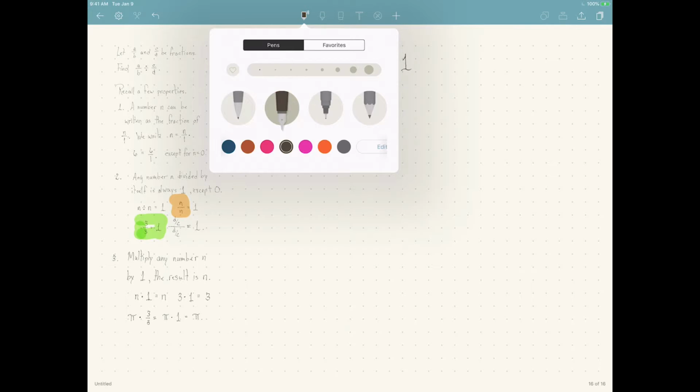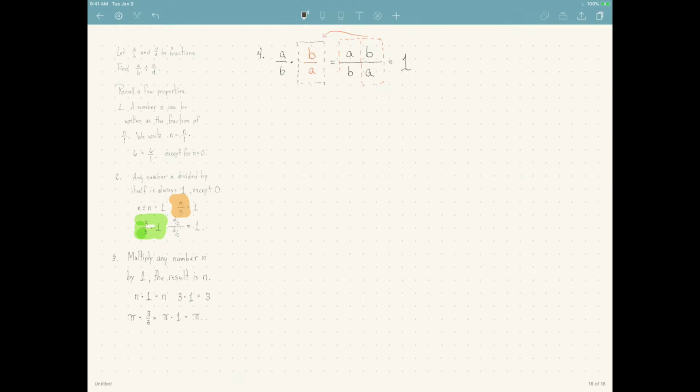This is actually a very useful property: a over b flipped to b over a and multiplied is 1.